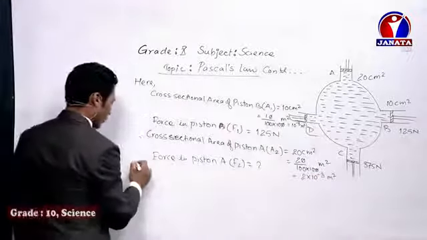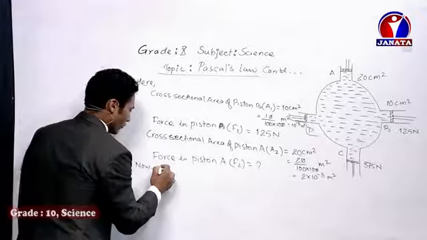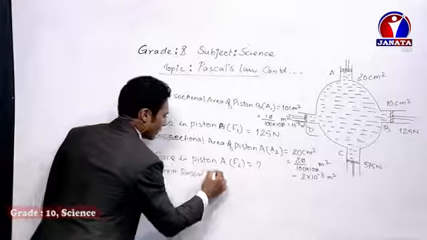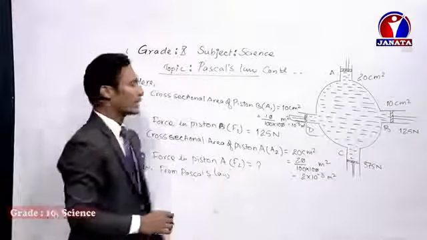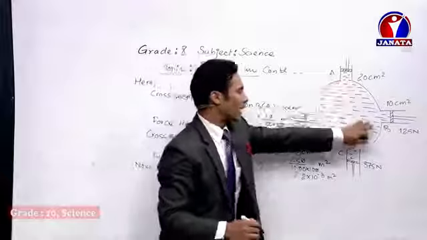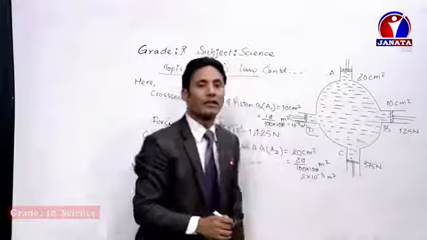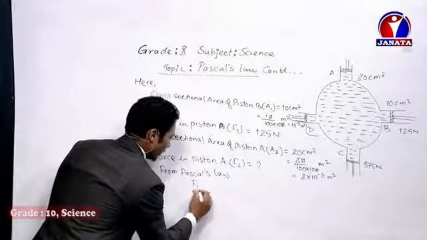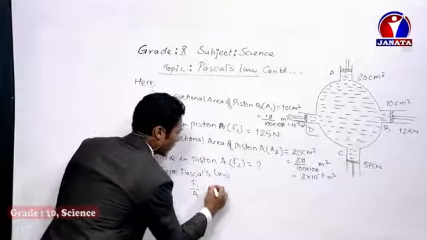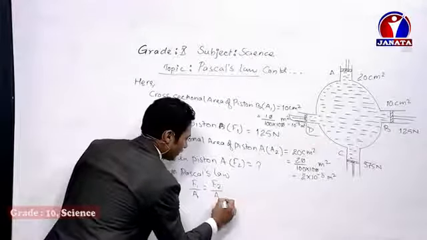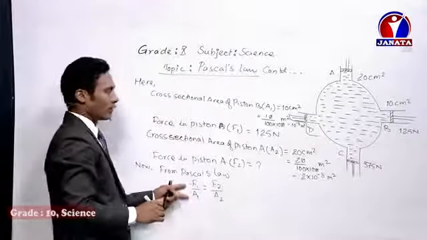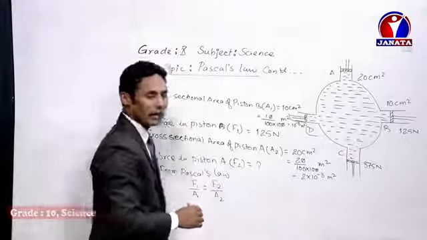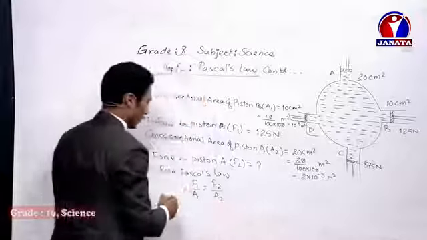Now we have the formula from Pascal's law. From Pascal's law, the pressure exerted on this piston and the pressure exerted on this piston are equal. That means we can write F1 by A1 is equal to F2 by A2. So this is the pressure exerted on piston B, and this one is the pressure exerted on piston A. That is equivalent according to Pascal's law.